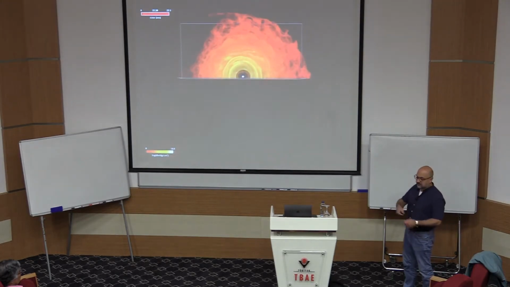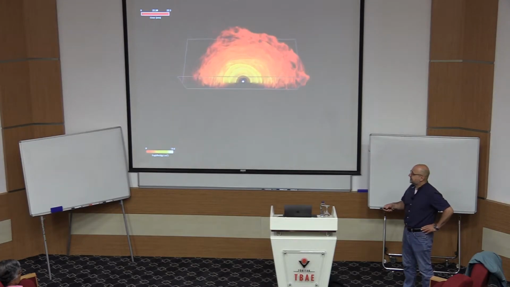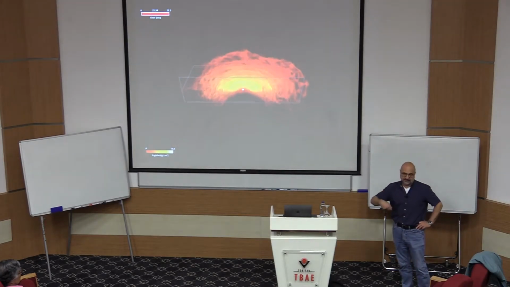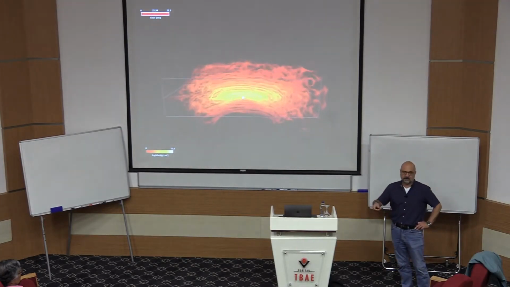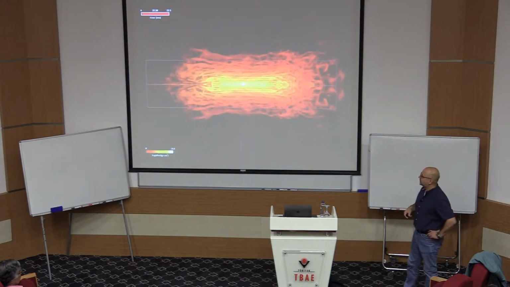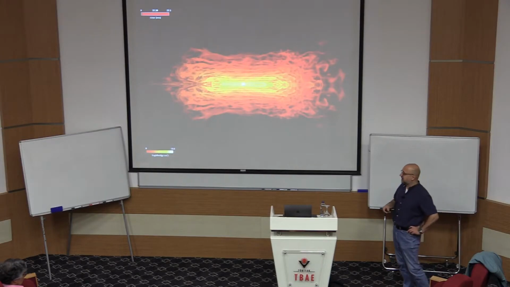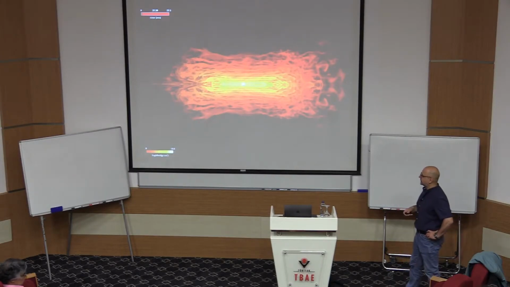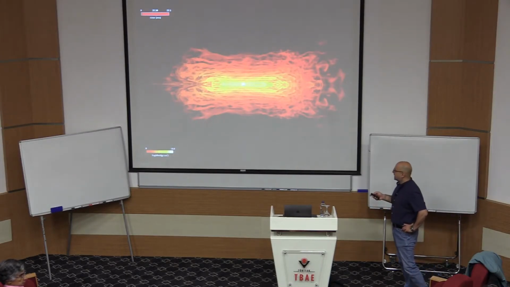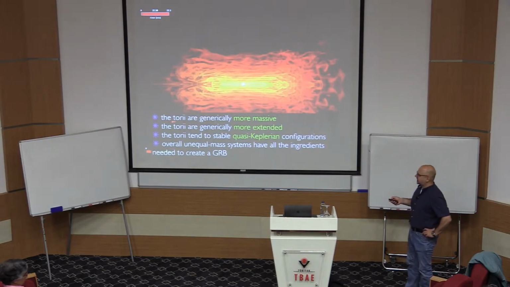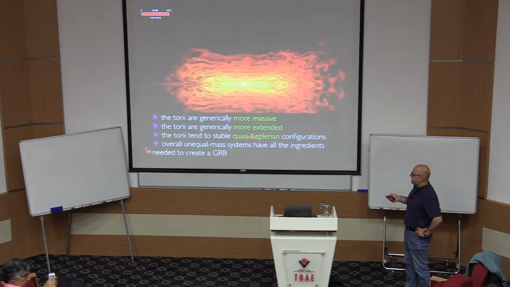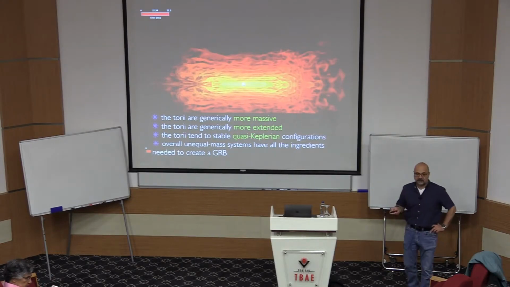This mass that you see here in this spiral arm, well, most of it will fall back, but a little part of it will not, and will actually go on to produce the matter that gives life to nucleosynthesis. Now, what you can learn is that in general, the tori are more massive in this case, they are more extended, and they are having a quasi-Keplerian rotation.